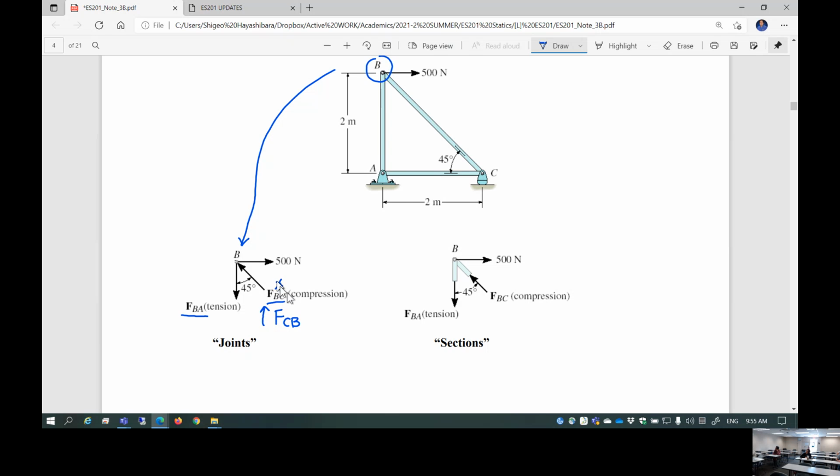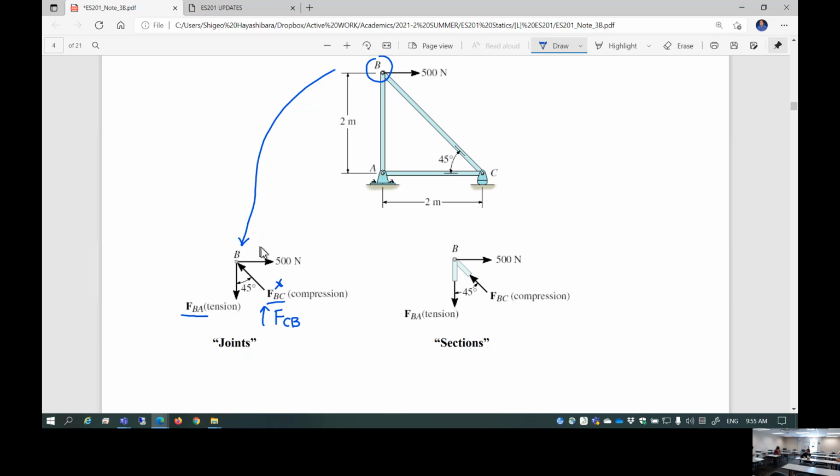But by saying that, this is a compressive force, this is tensile force. So force is trying to pull this joint out. It's called tensile. The direction of the force is from B to A. So this is called FBA. This is a compressive force. The direction of the force is from C to B, FCB. So that's what I'm trying to consistently show.